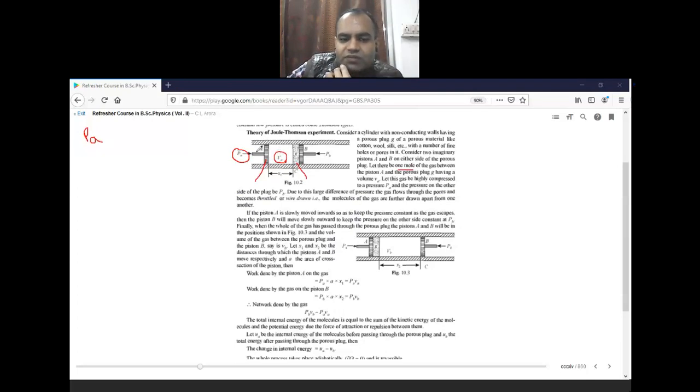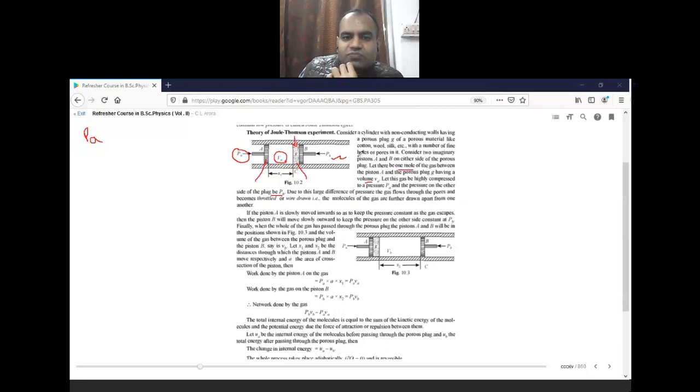A pressure PA has been applied on the gas with the help of the piston A. And the pressure on the other side of the plug G is, suppose, PB.